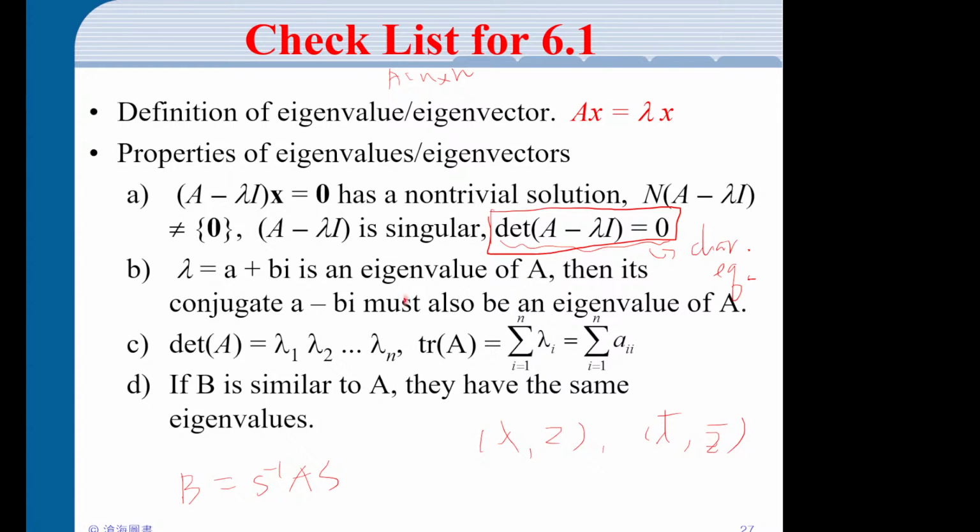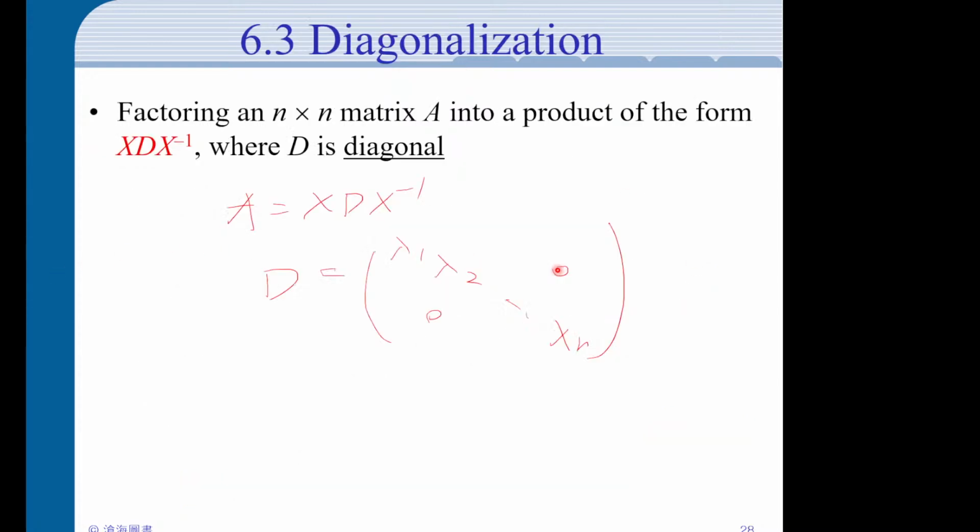Maybe you have 2 or 3 same roots in this polynomial, but you don't find 2 or 3 linearly independent eigenvectors corresponding to them.